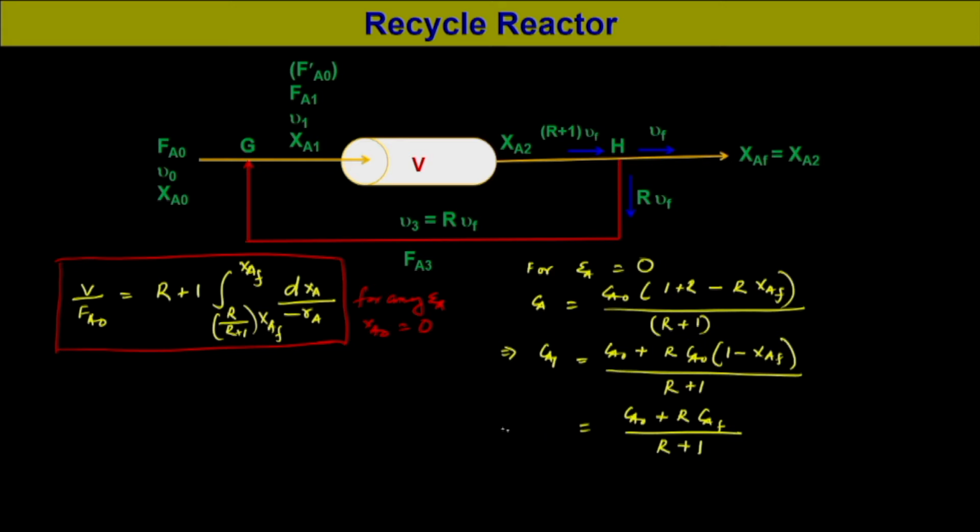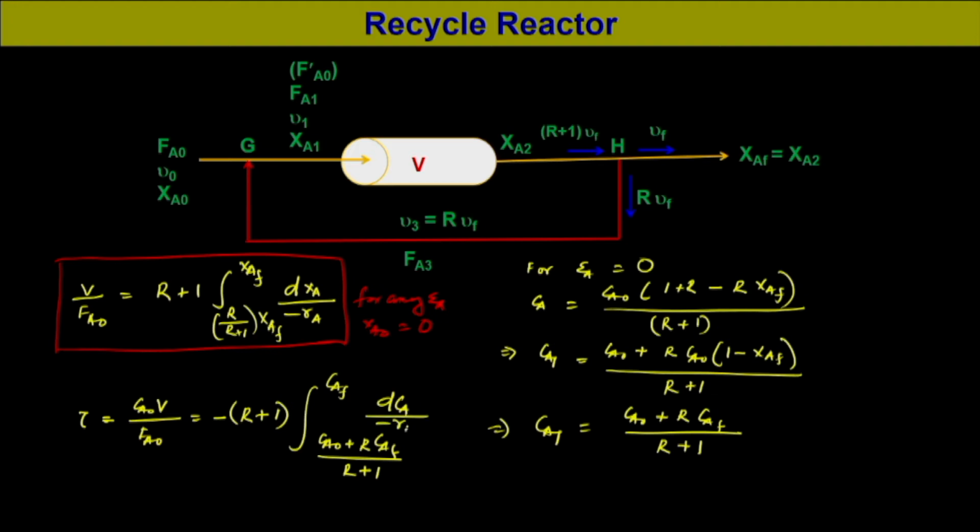This is CA1. So, with this limit, the performance equation for the recycle reactor we can write as tau is equal to CA naught V divided by FA naught would be equal to minus R plus 1 integral CA naught plus R CAF divided by R plus 1 to CAF dCA by minus RA.